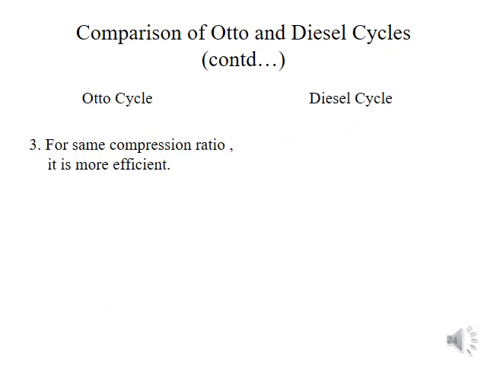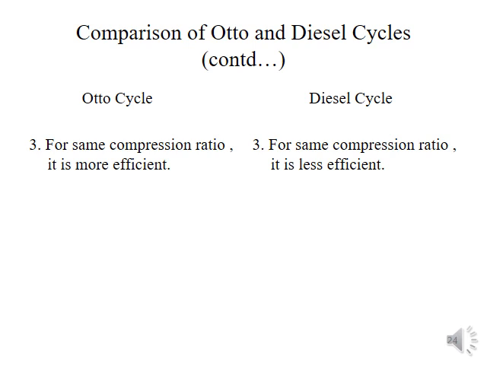For the same compression ratio, one cycle is more efficient and the other is less efficient. So, here see that for the same heat input, 1 to 2, 2 to 3, 3 to 4 represents an Otto cycle, same as a diesel cycle also.